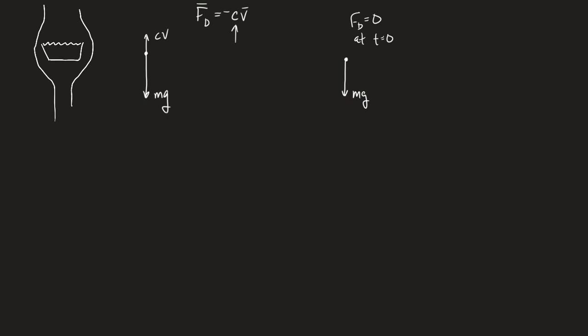Well, this clearly suggests that the coffee filter is experiencing an unbalanced force and will accelerate downwards due to the action of gravity. So, just an instant or two later, the object, because it has accelerated, will still have the same weight downwards, but now will have a small force upwards representing the force of drag.